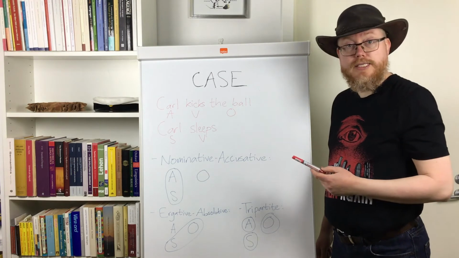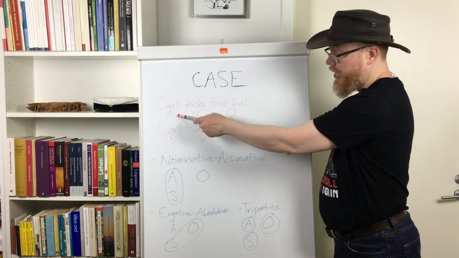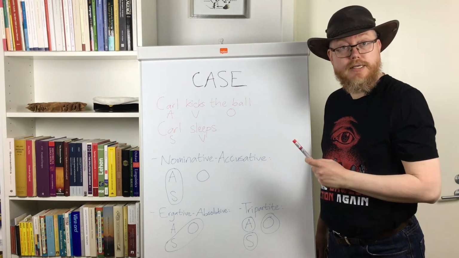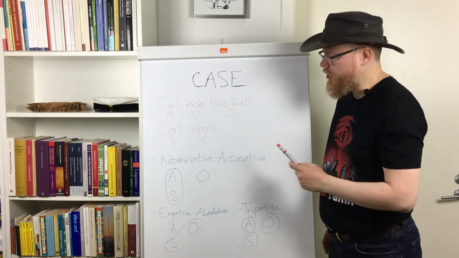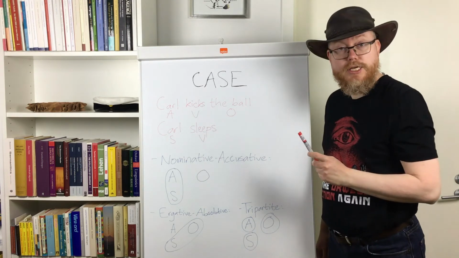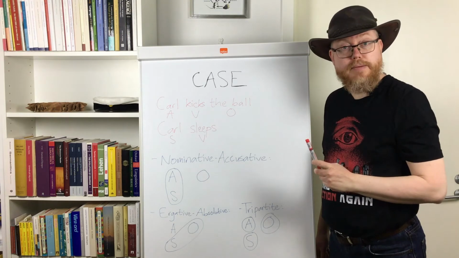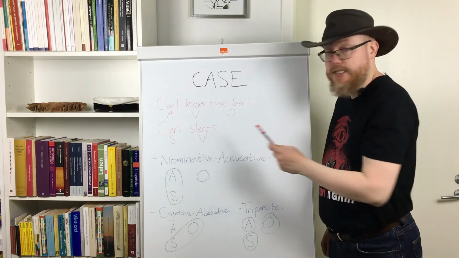So that is the reason for why we have an A here. The subject of the transitive clause is often called agent, so A for agent, while we have the S for subject here in the intransitive clause.